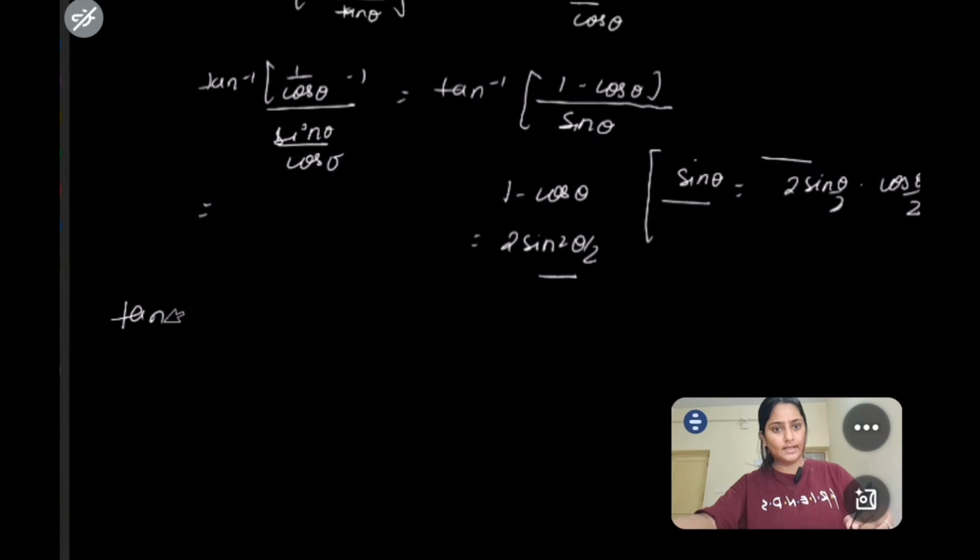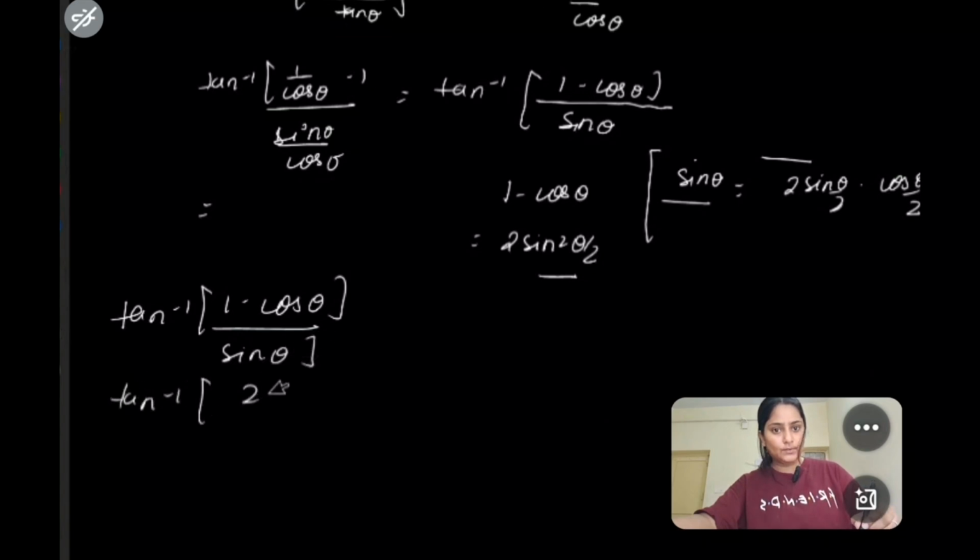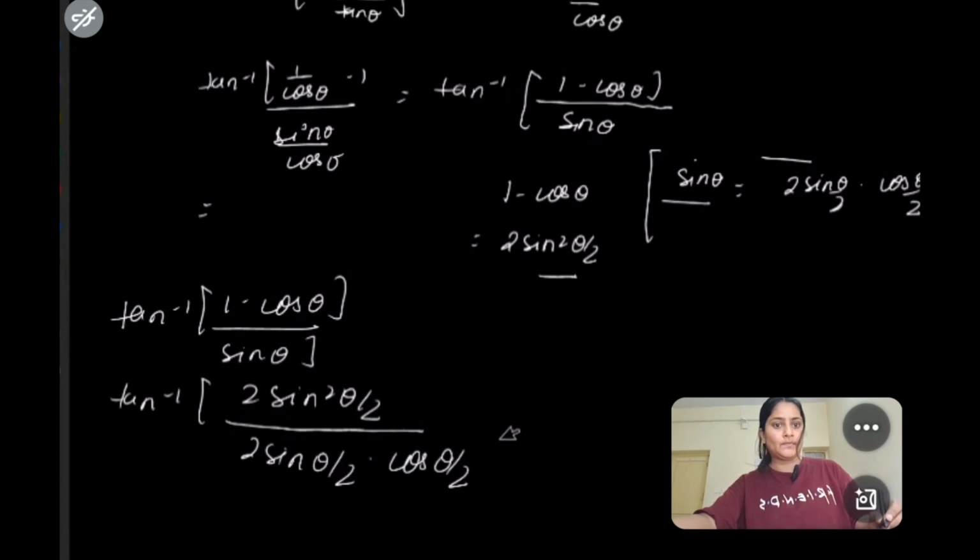Tan inverse of (1 minus cos theta) upon sin theta. So tan inverse of 2 sin square theta by 2, from here in place of 1 minus cos theta, and 2 sin theta by 2 into cos theta by 2, from here in the place of sin theta.